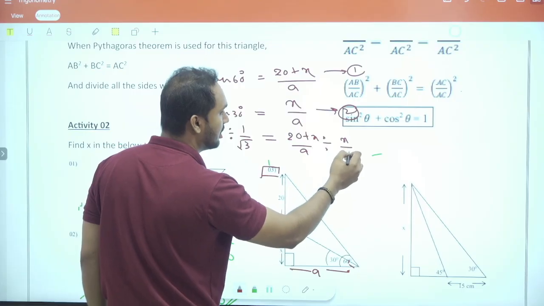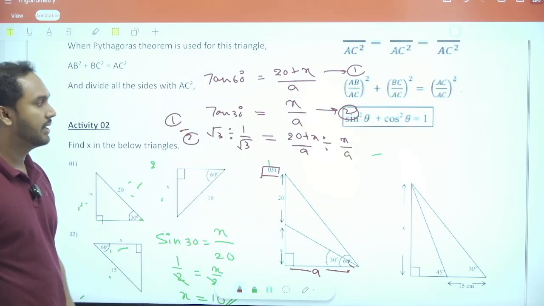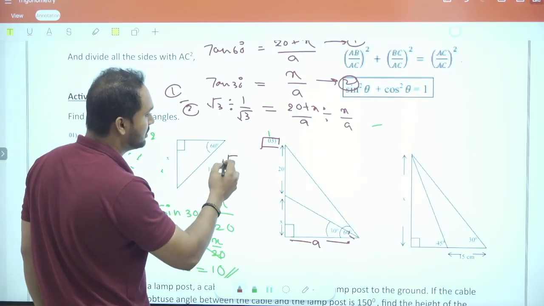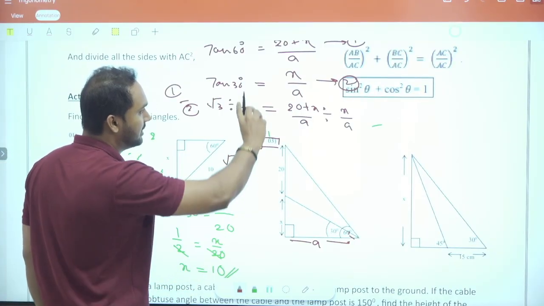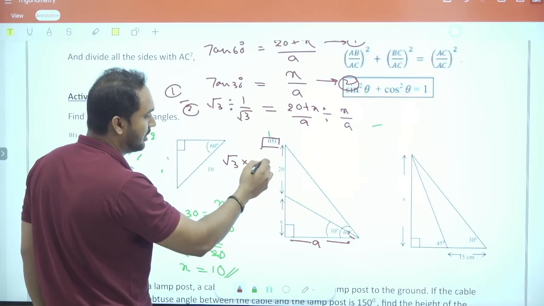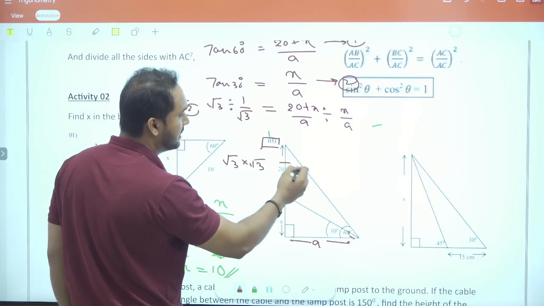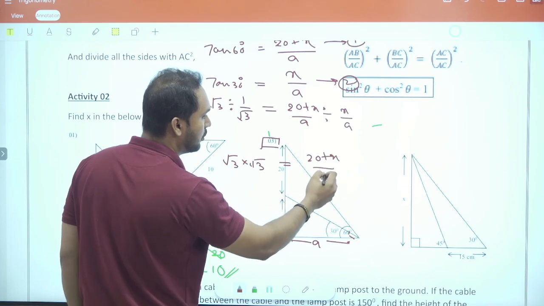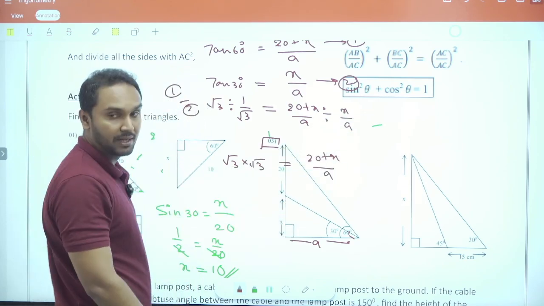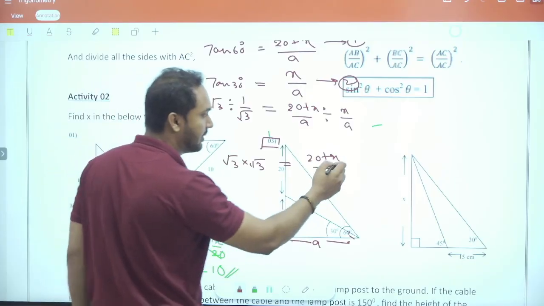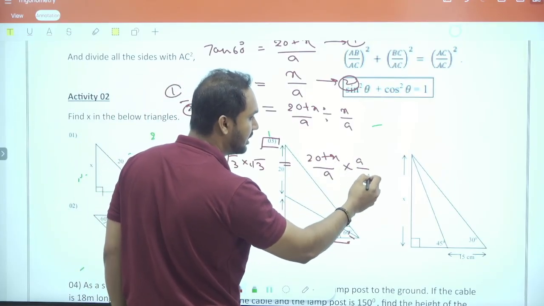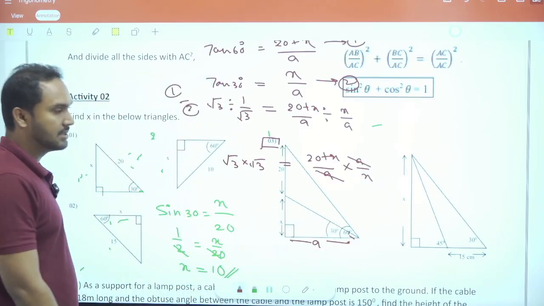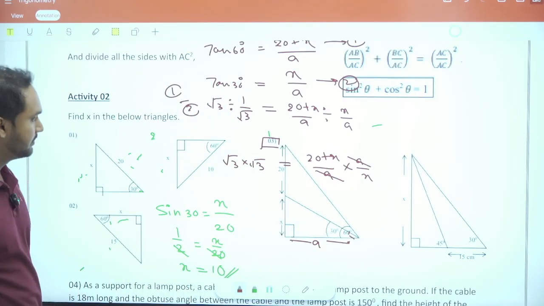Now what happens? Now the reciprocal happens, right? So root 3 is multiplied by the reciprocal. Root 3 equals, what do you get here? 20 plus x over a, and the x over a becomes its reciprocal, a over x. Now what happens to the a? A and a cancel out.